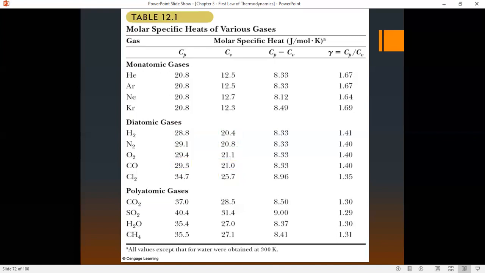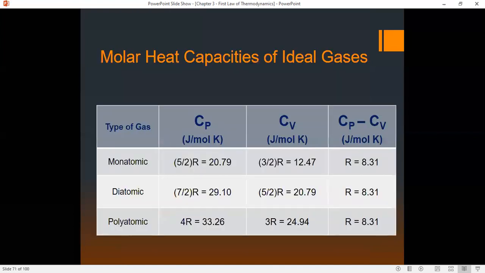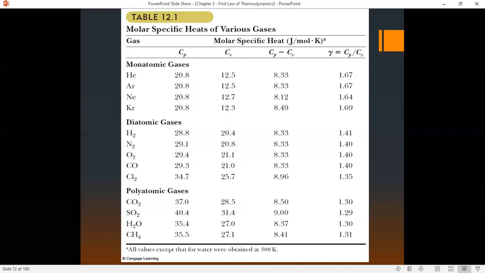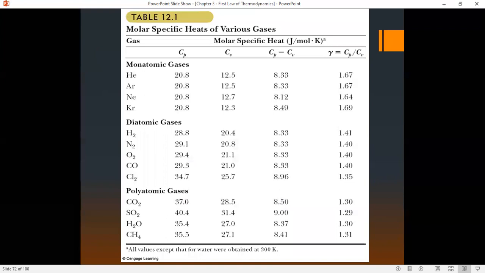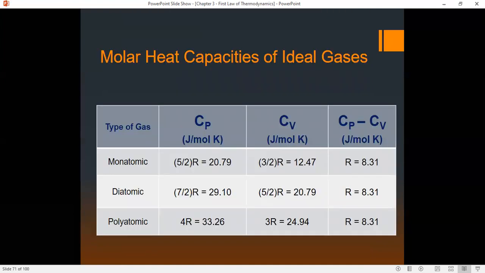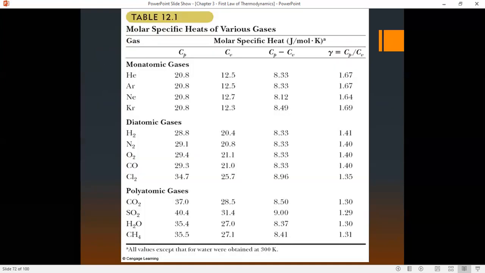Polyatomic gases. Here we said that Cp was roughly 4R or 33. What do we get for Cp here? A bit higher than that. And again, we're starting to see the emergence of these van der Waals forces. We expect 33. We see higher numbers here. Cv should be about 25.